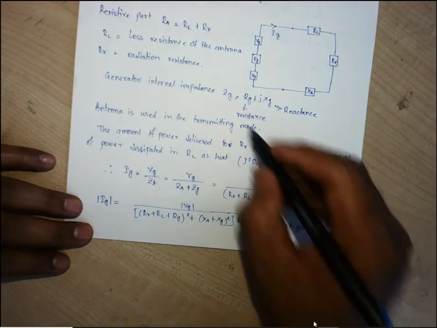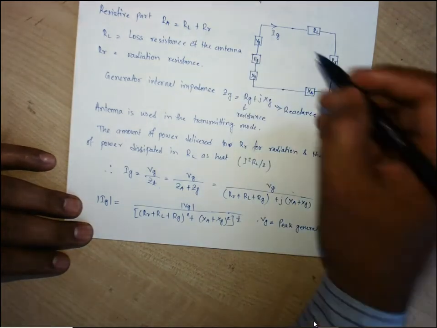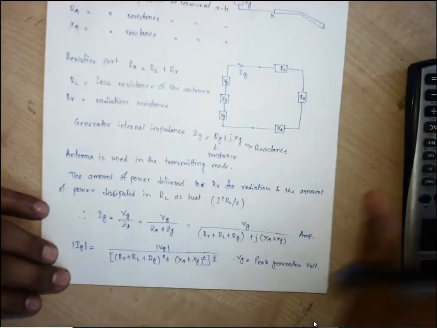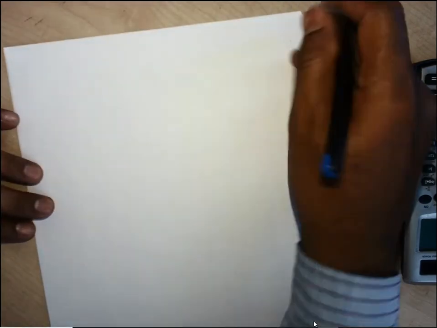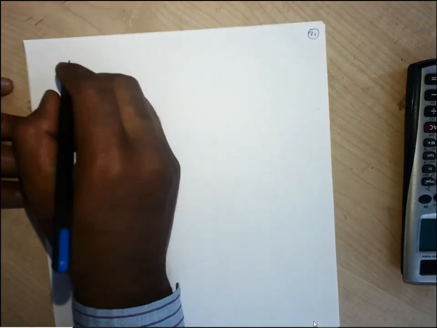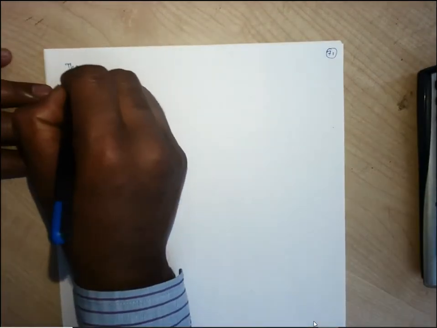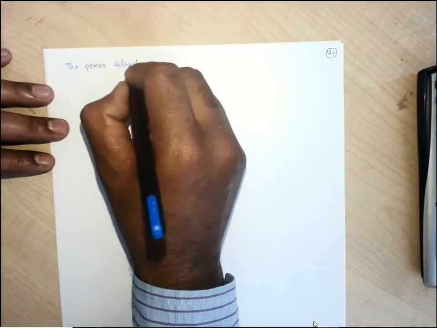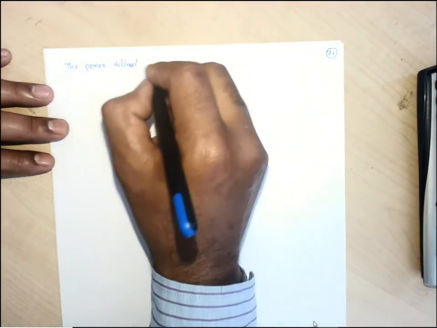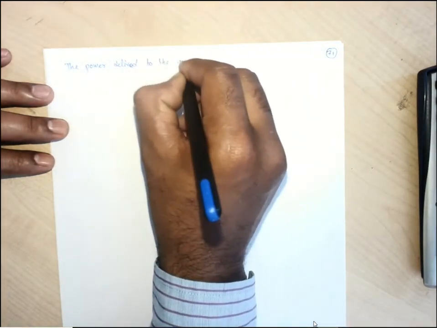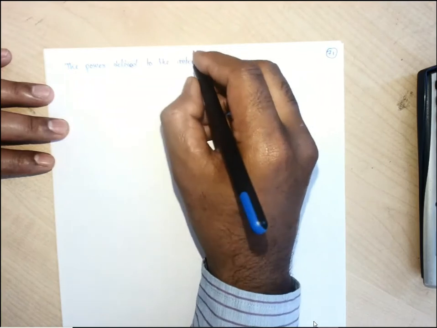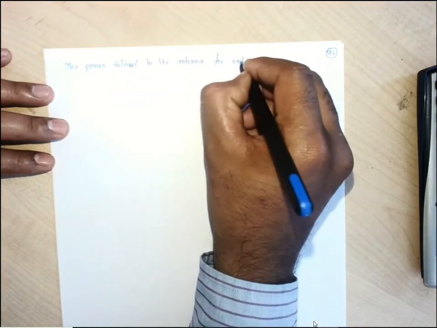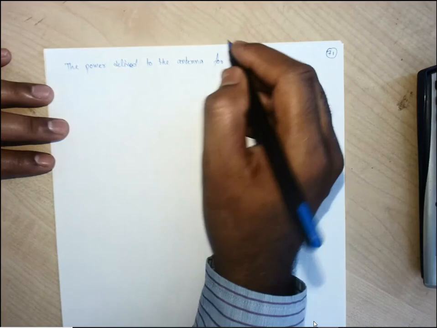Now we'll see what power is being delivered to each of the different resistances associated with the antenna. The power delivered to the antenna for radiation, and for radiation we are considering RR, the radiation resistance.